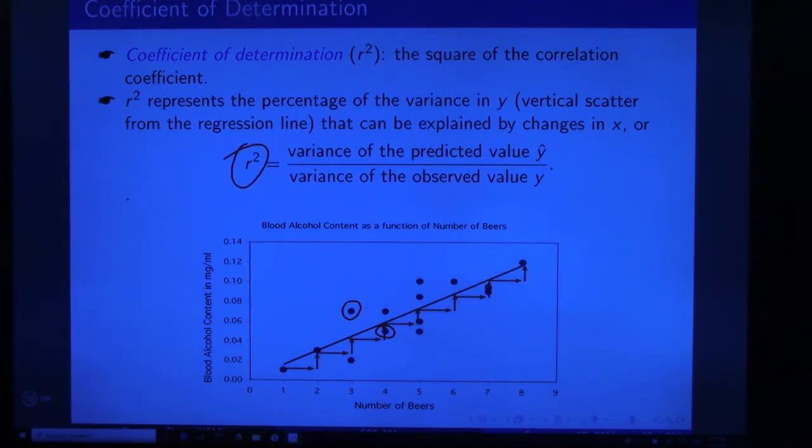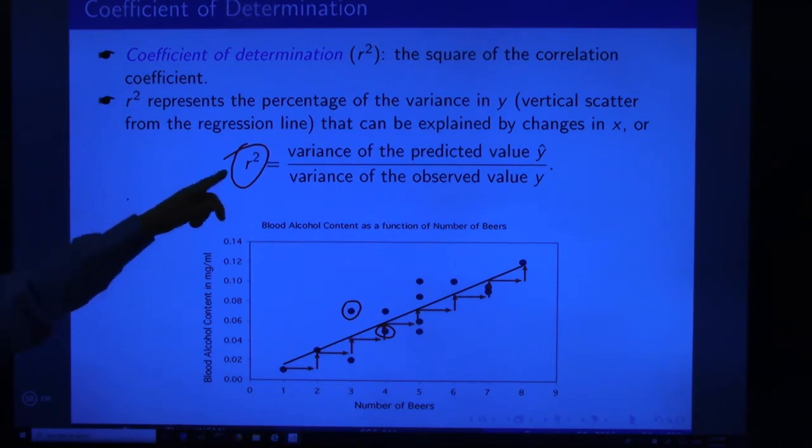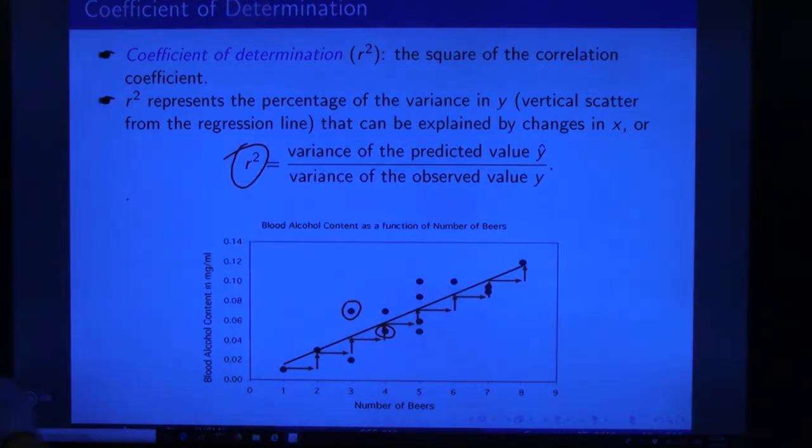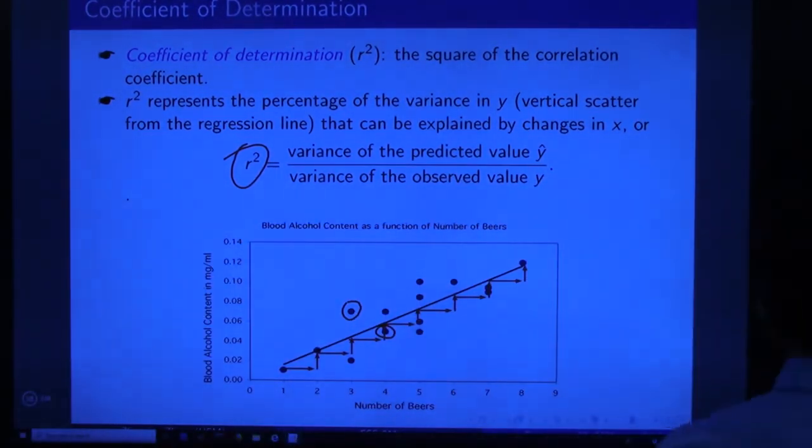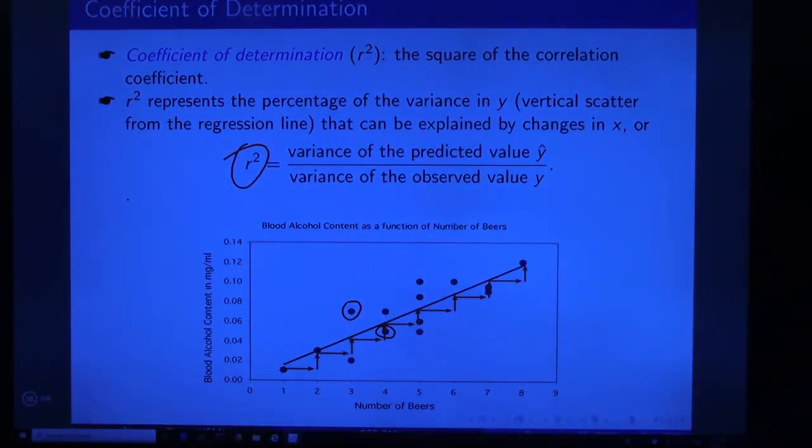So if we know the correlation coefficient, then R squared is called the coefficient of determination. Its meaning is the variance of the predicted value Y divided by the variance of the observed value Y, or the variance in Y that can be explained by variance in X.